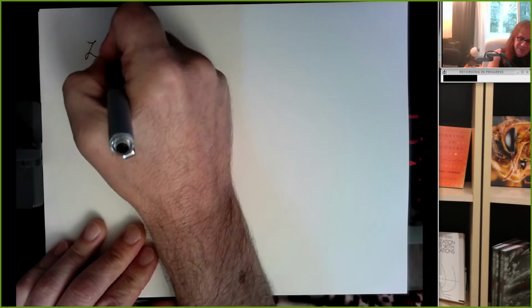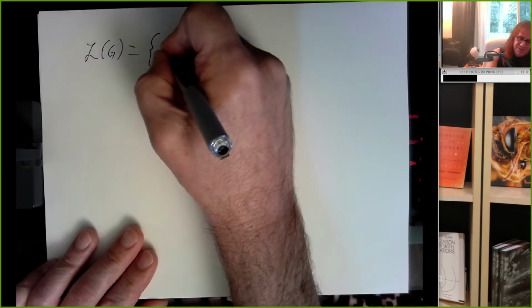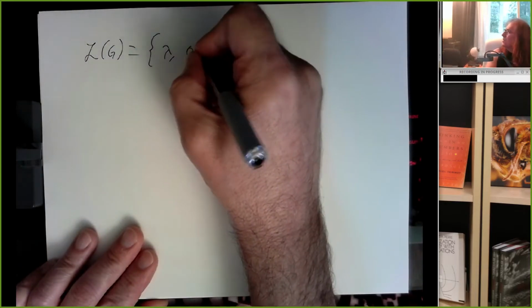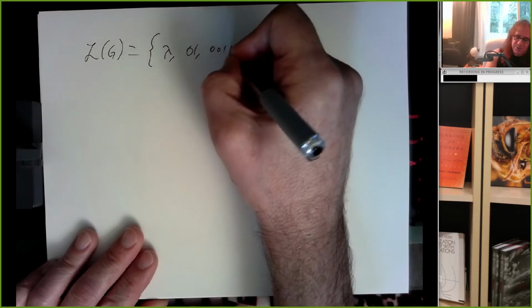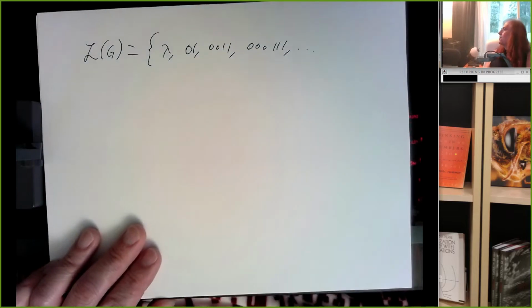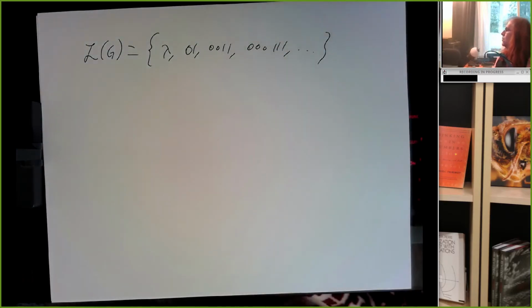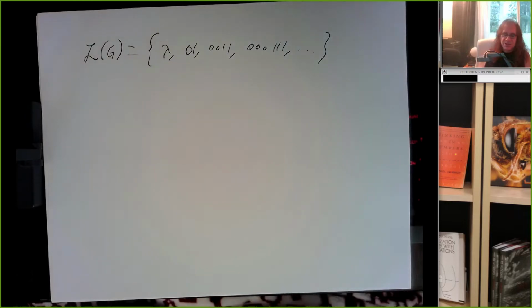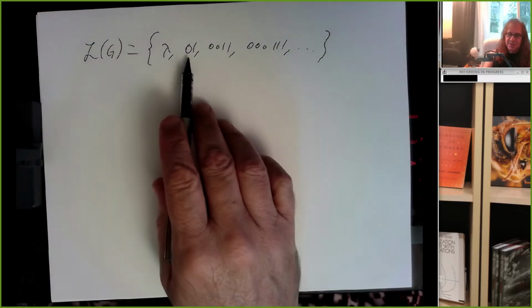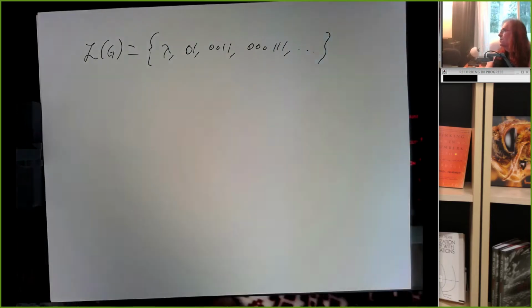So suppose we have some grammar G, and we're told that its language consists of the following: the empty string, 01, 0011, 000111, and so on. So it's a certain number of zeros followed by the same number of ones.